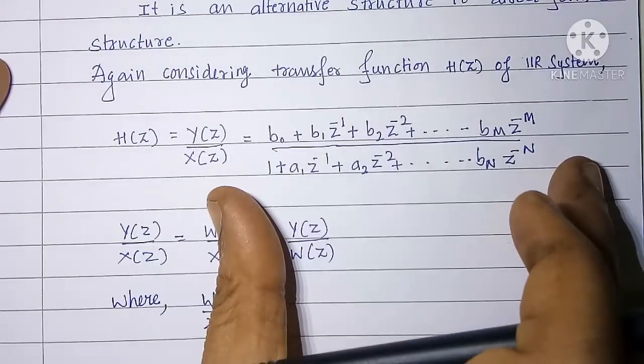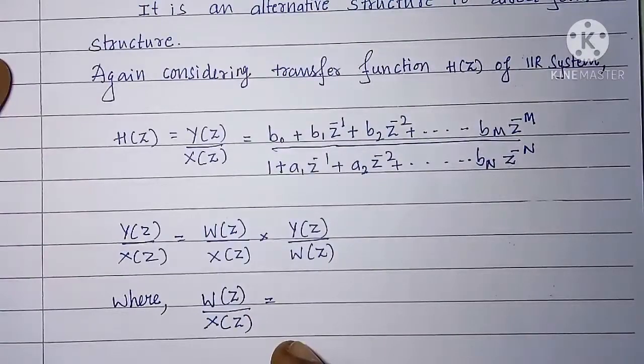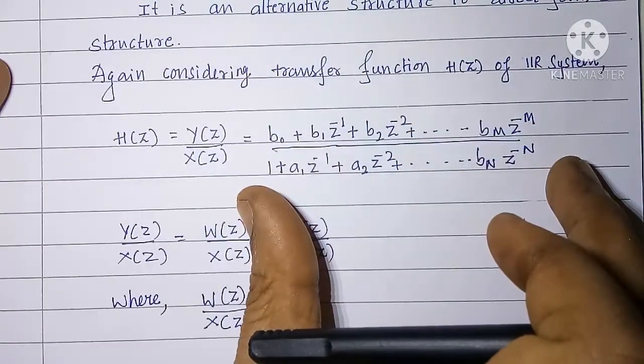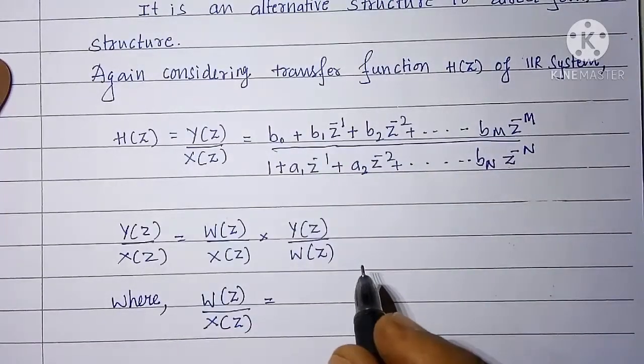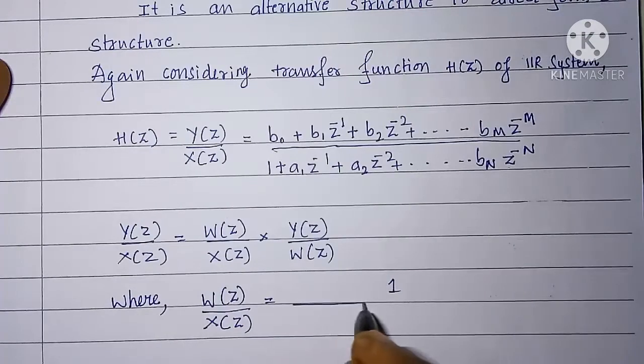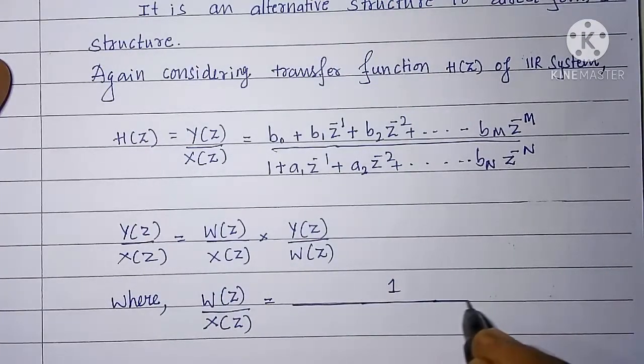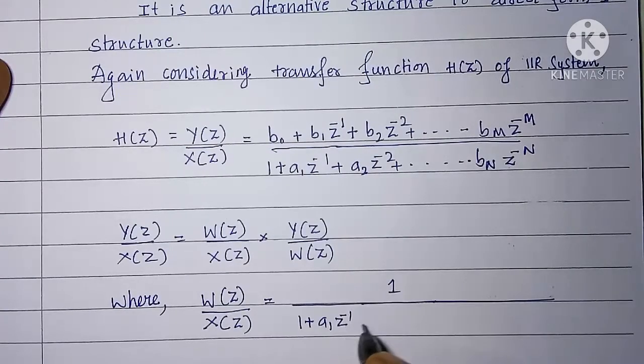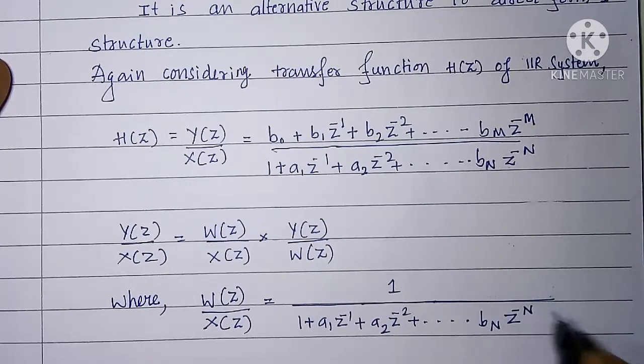from this expression I will take W of z upon X of z as 1 upon denominator only, that is 1 upon 1 plus a1 z raised to minus 1 plus a2 z raised to minus 2 plus and so on up to an z raised to minus n.